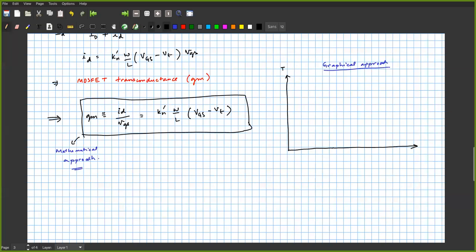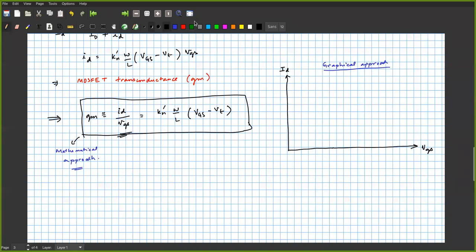Voltage transfer characteristic? No. See here, look at this. It is actually ID by VGS, right? In which graph will you have ID and VGS? Transfer characteristics.